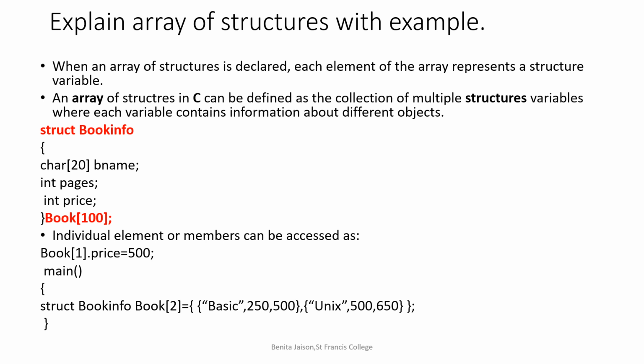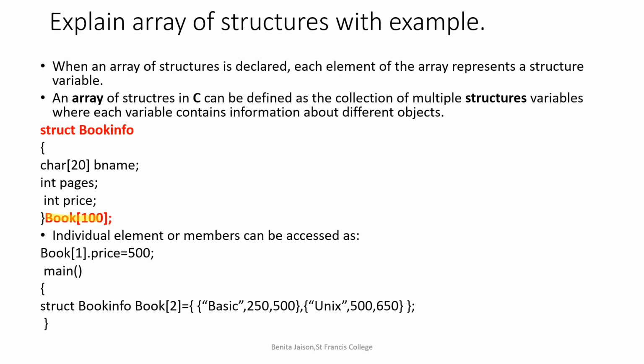But if I want to store the details of 100 books, I would have to declare 100 variables. Using an array called book, you can declare 100, just like any other integer or character array. You can give it along with the struct and the tag name. You can define the structure variable here.